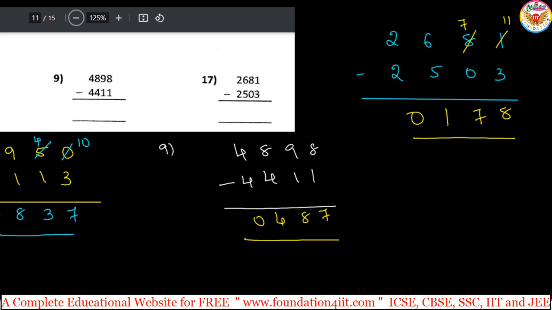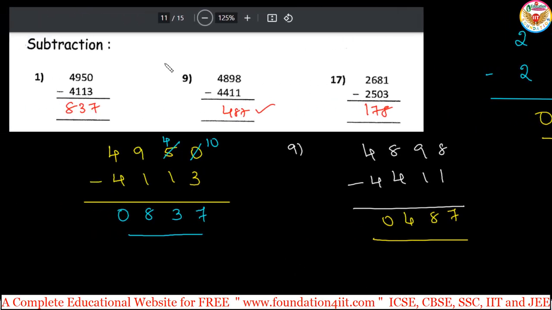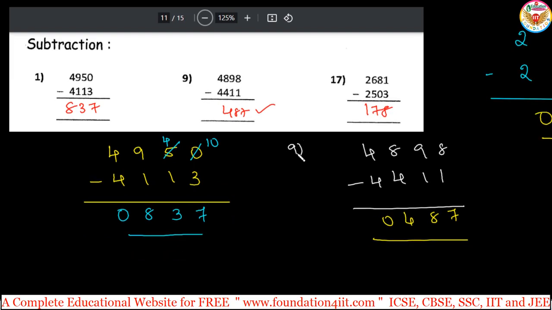So 178. This is 178. This is 487. So we have so many problems in this page. Next 12, 13 pages also and a self-test also in this PDF. So by doing each and every problem, only then come to the next page. So all the pages you have to continue in this way. You can practice in this way.